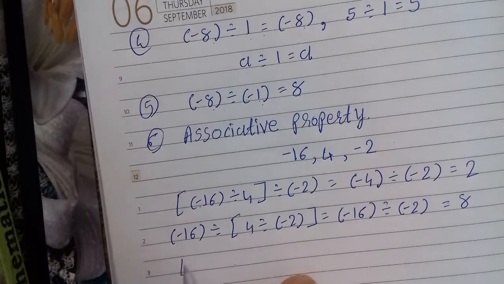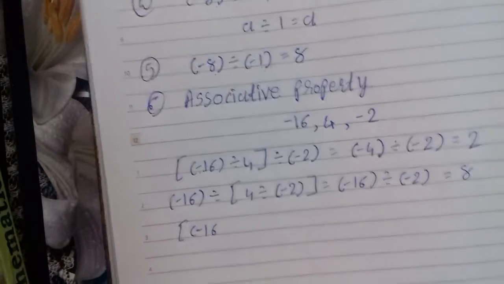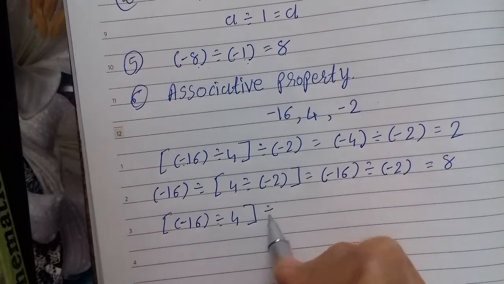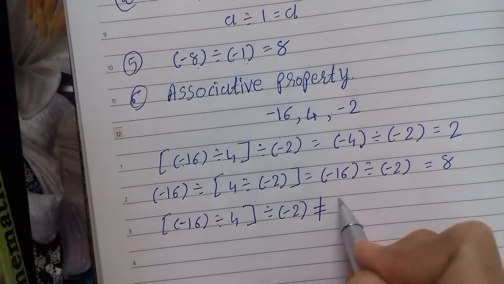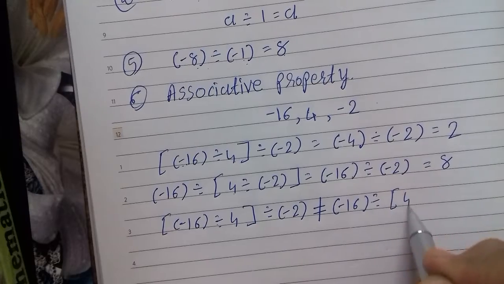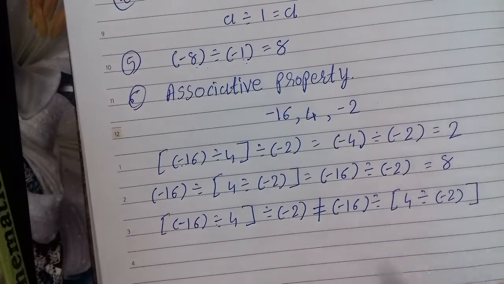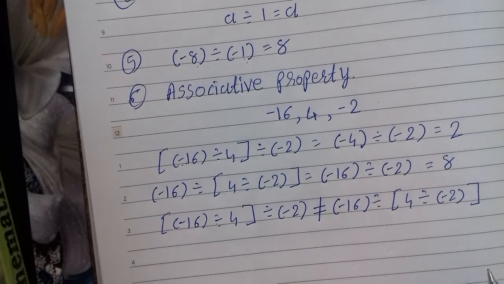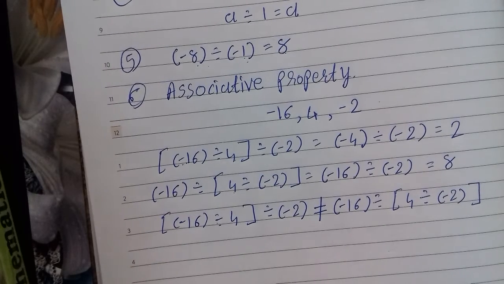So, minus 16 divided by 4 divided by minus 2 is not equal to minus 16 divided by 4 divided by minus 2 with the bracket changed. So we can say that division is not associative for integers.